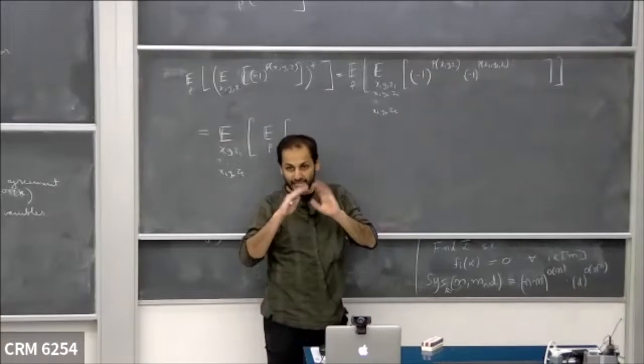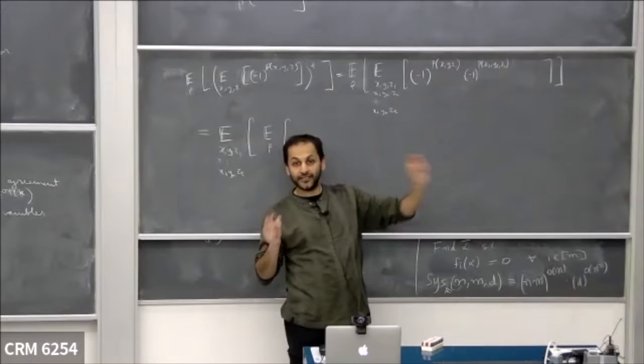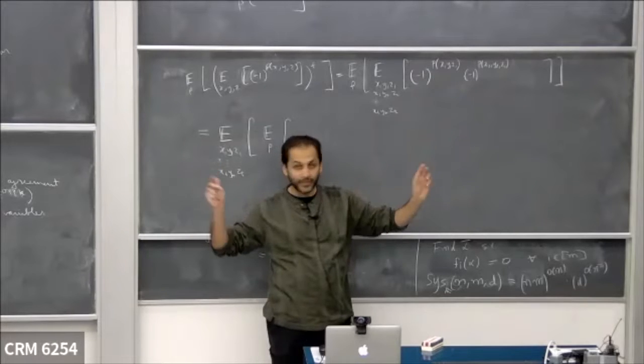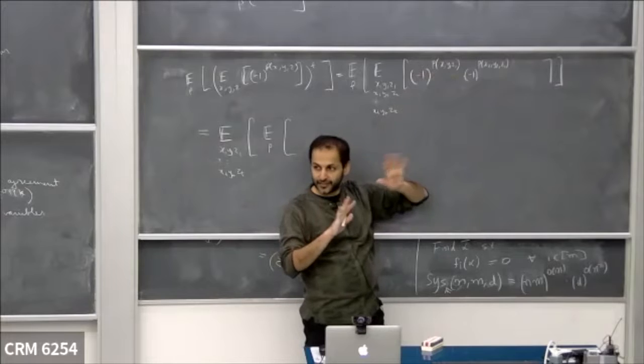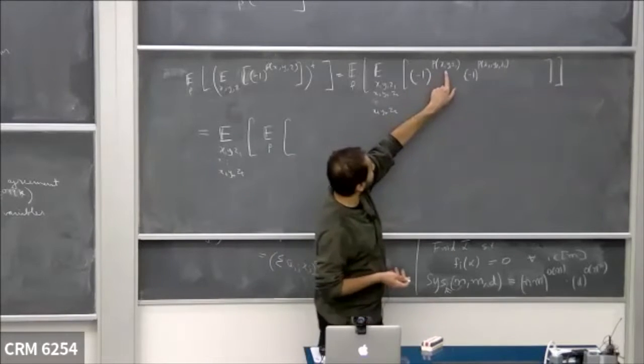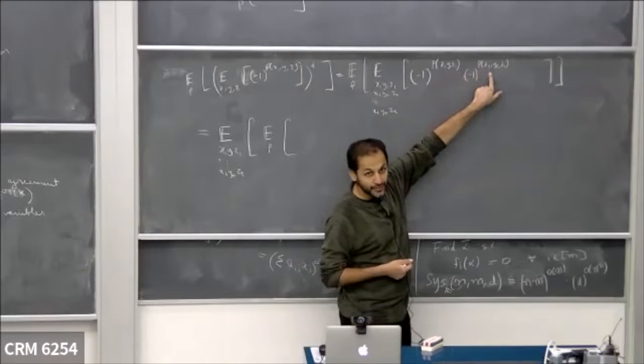That's the same as the inner product of the P vector, which I write as a very long vector of length K cube, with X1 tensor Y1 tensor Z1, the rank 1 vector made out of the X. And this is the inner product of P with X2 tensor Y2 tensor Z2, and so on.